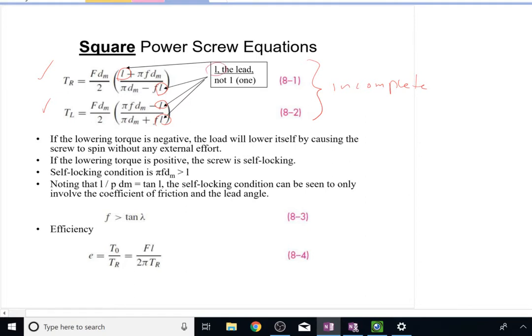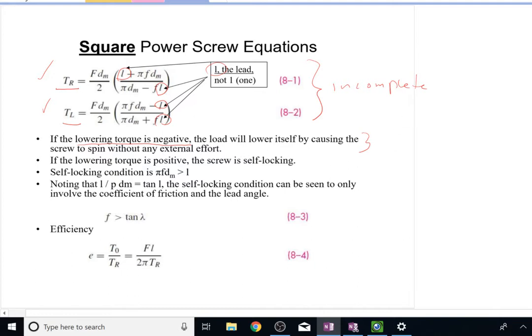In the torque to raise, T sub r, and torque to lower of a power screw, there's a couple things to note here. If the lowering torque is negative, the load will lower itself by causing the screw to spin without any external effort.